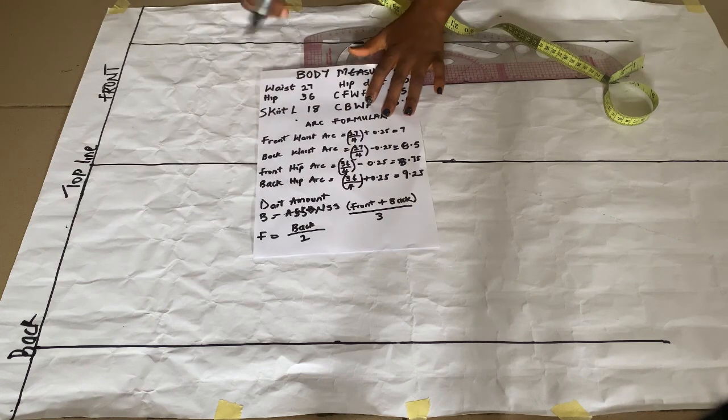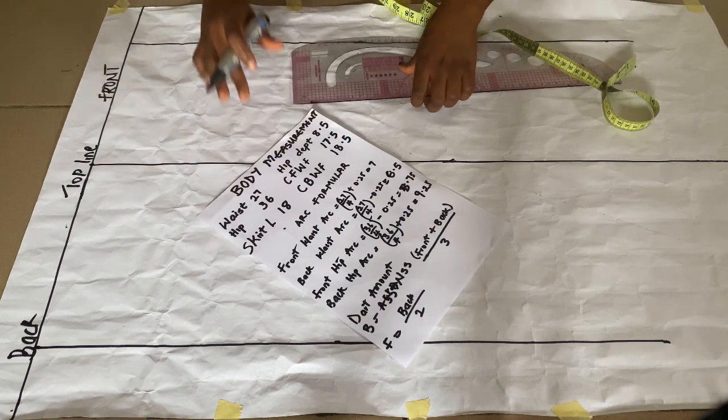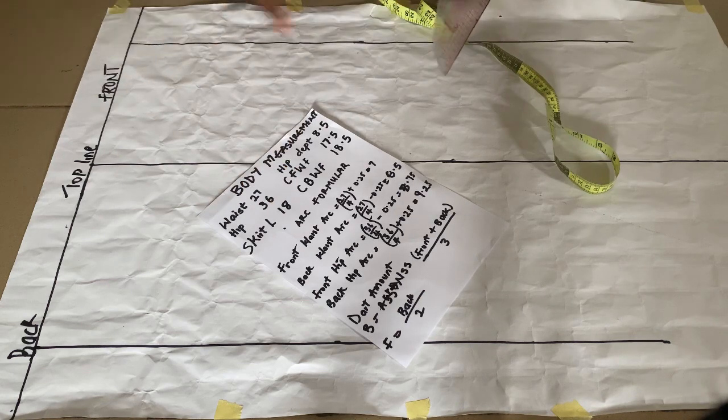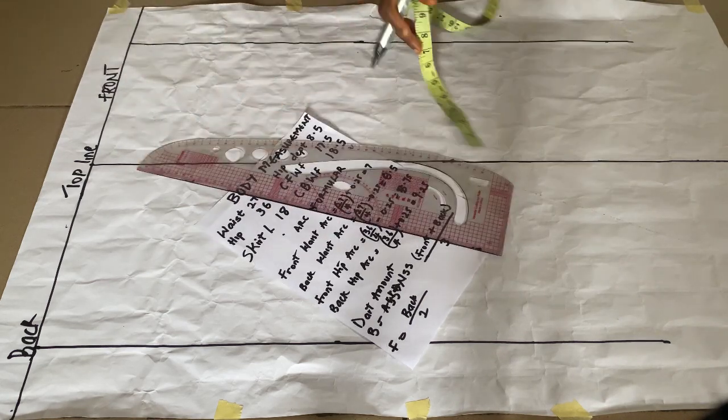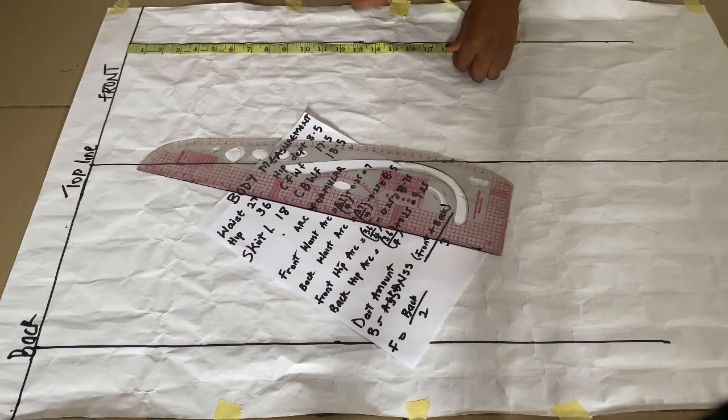The next measurement I'll take is the skirt length, and this skirt length is 18. So I'll be measuring 18 from this top line downwards. I'll measure 18, which is the skirt length.